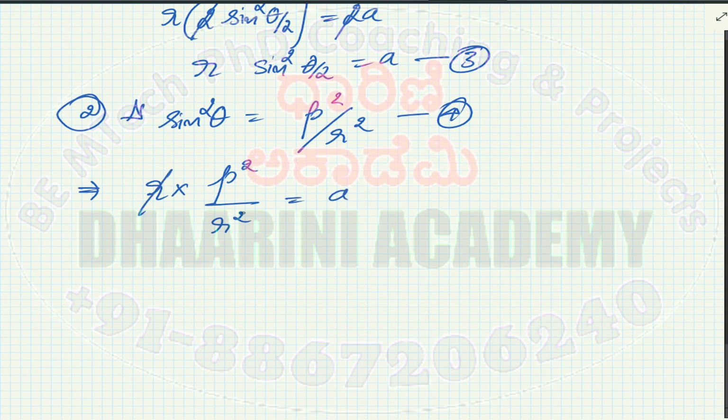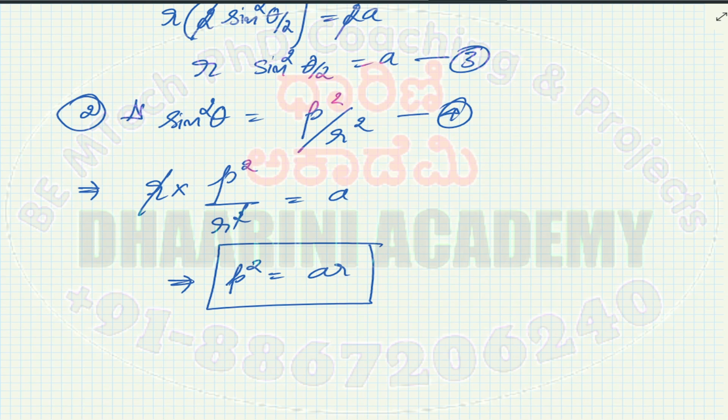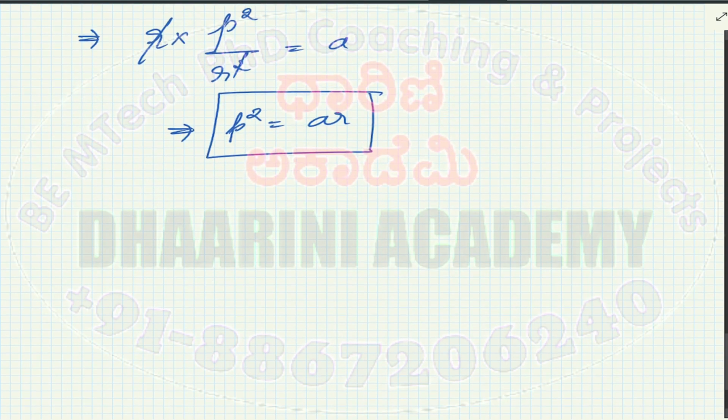So cancel one of them. So this implies p square is equal to a into r, which is the required pedal equation. So always, this will be the standard procedure irrespective of whatever problem is given. You can solve that using this method. Okay, right, let's go to another question.